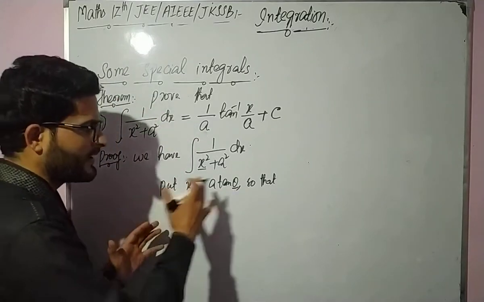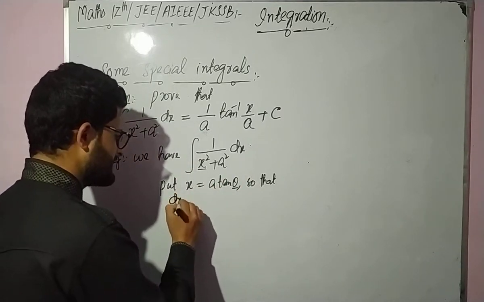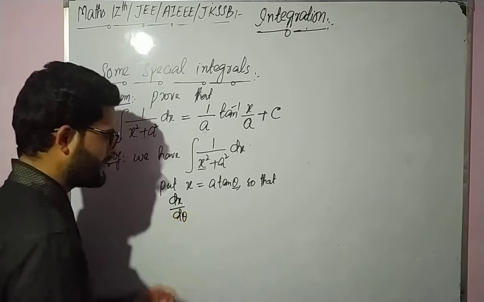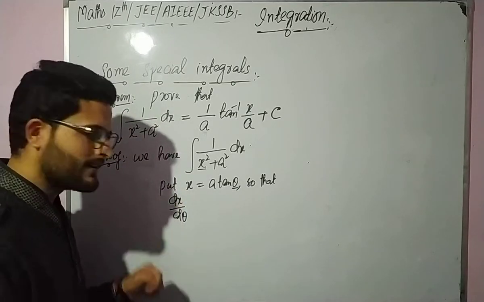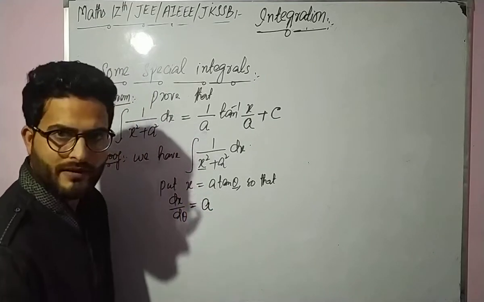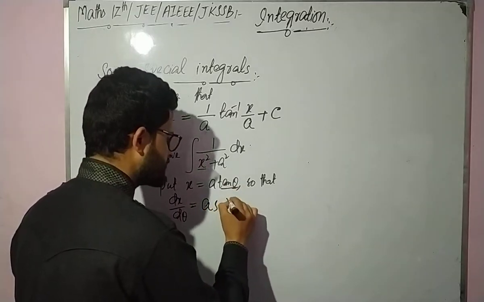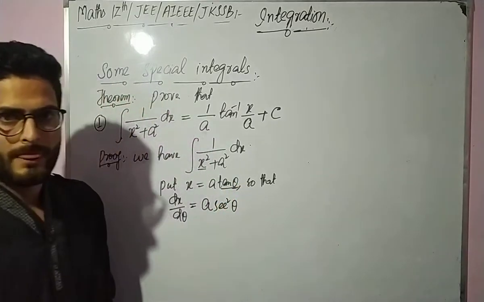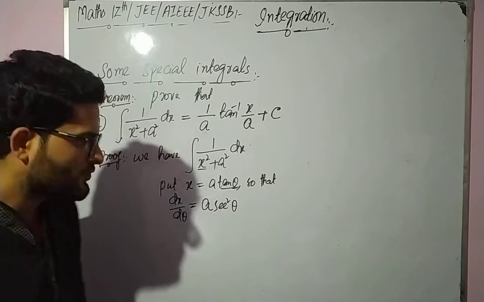So in differentiating both sides with respect to theta, we get dx divided by d theta, because we are differentiating x with respect to theta, and that is equal to a, which is constant and will come out of the derivative, and the differentiation of tan theta is sec square theta, because the derivative of tan theta is nothing but sec square theta.